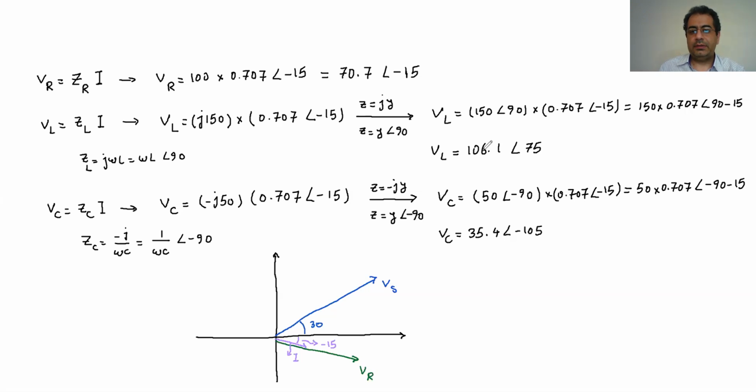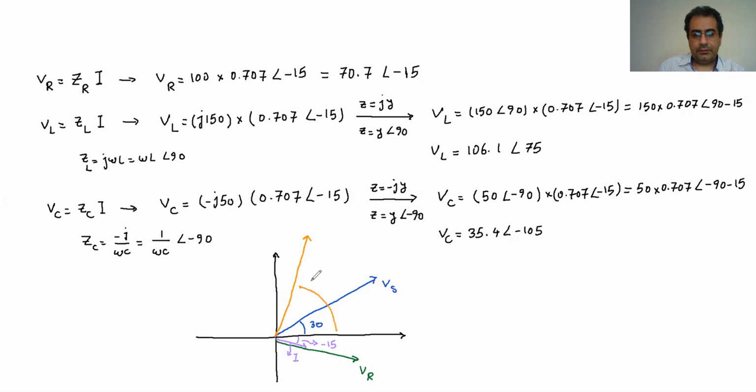The VL is 106 with an angle of 75. So I choose another color. It's 106 with an angle of 75.